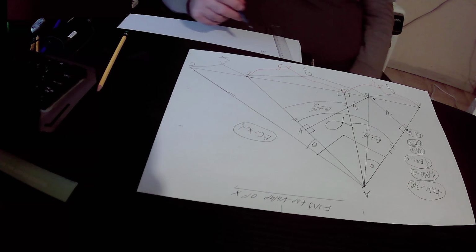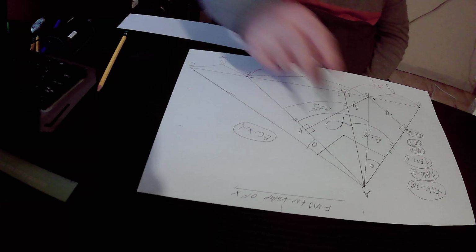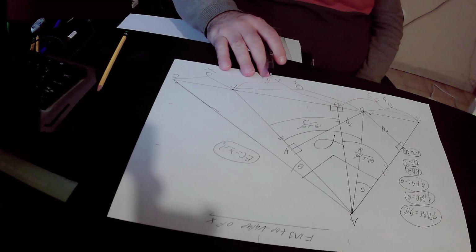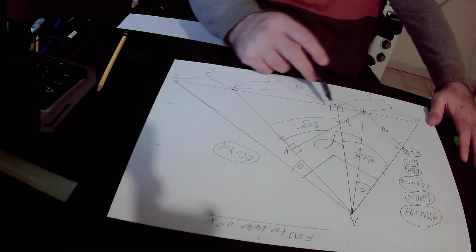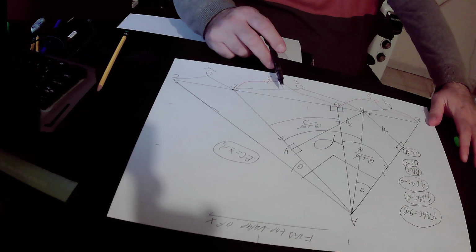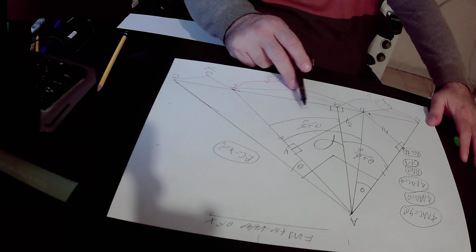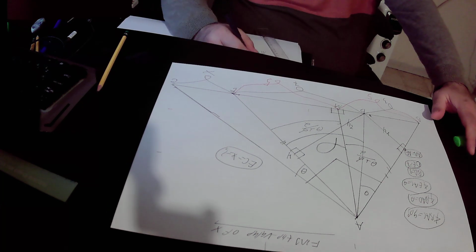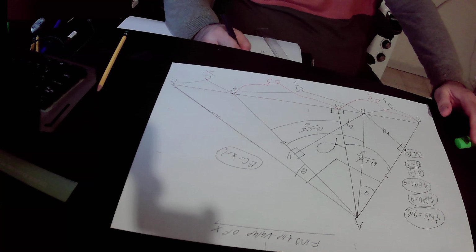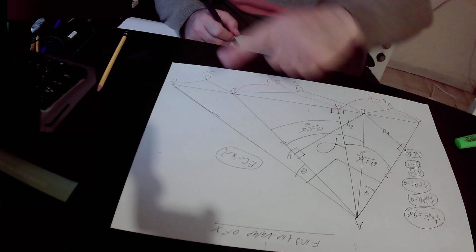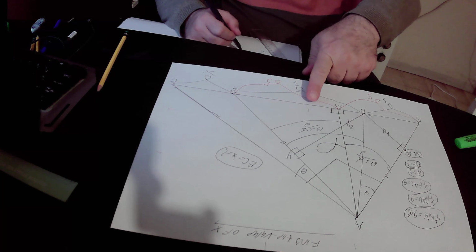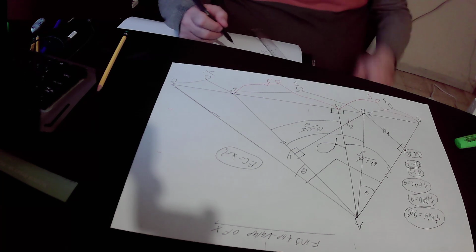What is the value of angle MAC? From the drawing, it is very easy to see that the value of angle MAC is actually equal to (theta plus alpha) over 2 plus theta.